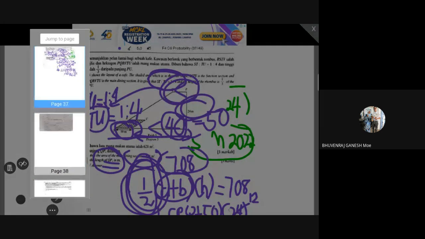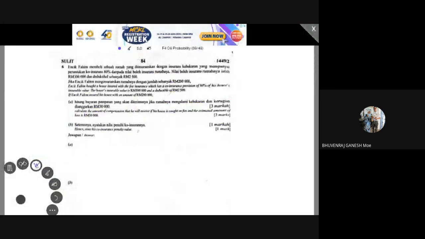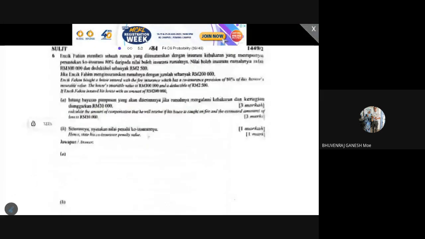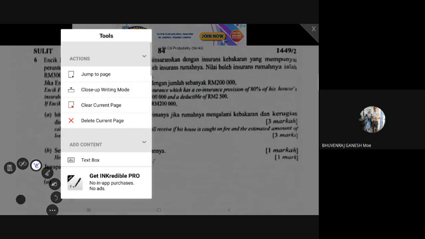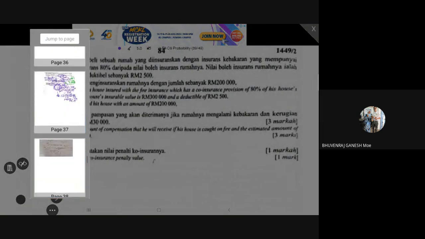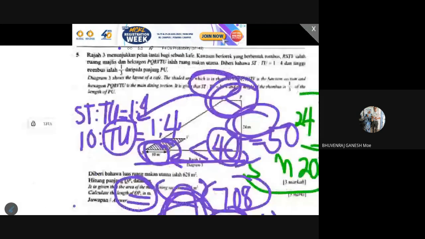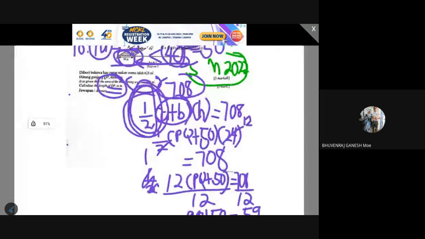Okay, next question, question number 6. This one is Form 5 only. How to get 12? Wait, kat mana 12 tu? Oh, this one.